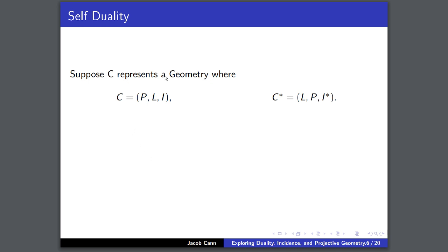Suppose C represents a geometry, any type of geometry, where C equals points, lines, and the incidence between them. The converse geometry, C star, is where we swap lines and points in the statement and use the inverse incidence accordingly.